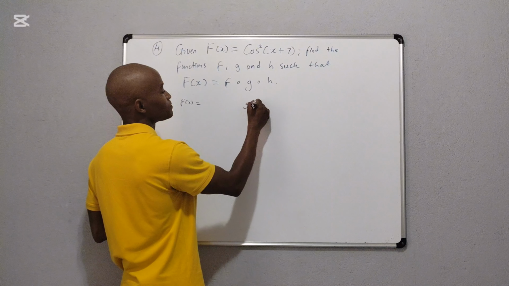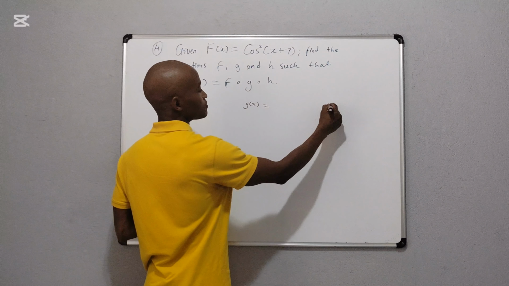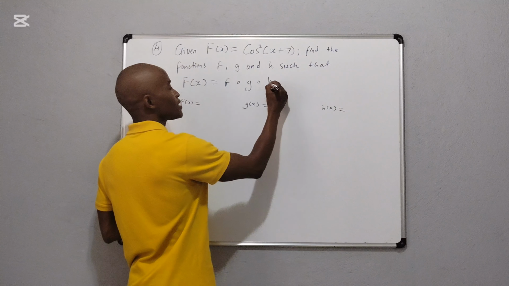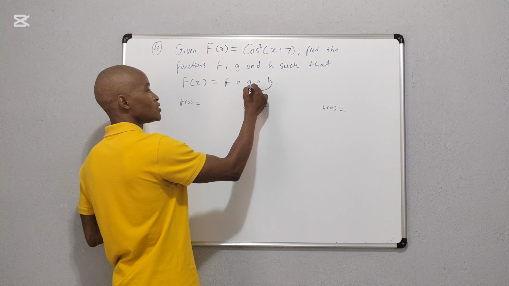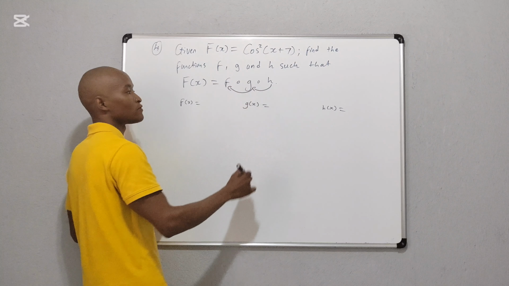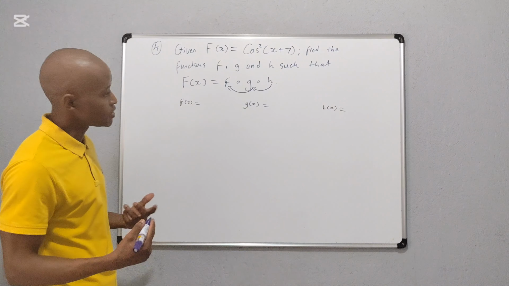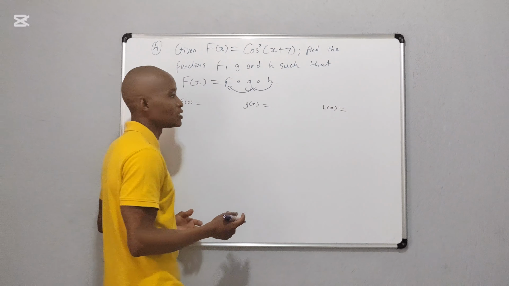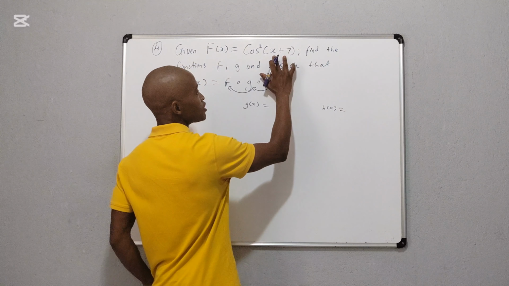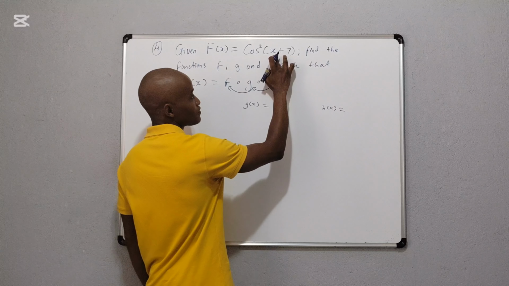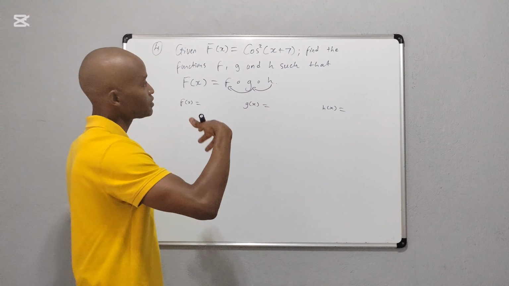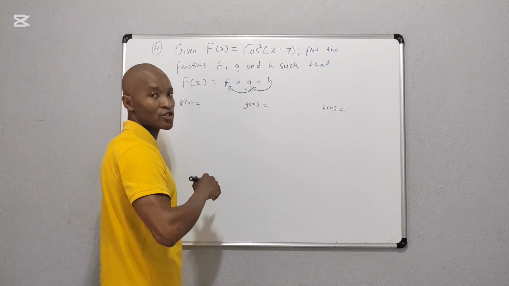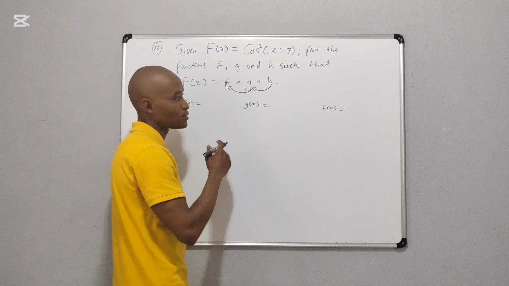We're taking h into g, and that composition we take into f. Right. So basically that is what we need to have. This is x plus 7, it's a linear function. It went into cos, right, to give us cos of x plus 7, and then we squared that.